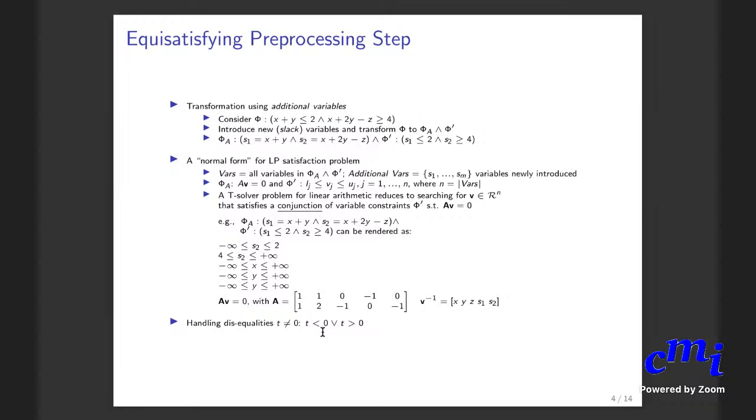Of course, this is not in the conjunctive fragment, but you could still eliminate disequalities at the SMT formula level, and then use the Boolean satisfiability level to reduce that into several LP instances. That's how we assume that disequalities are handled. So, any questions here?